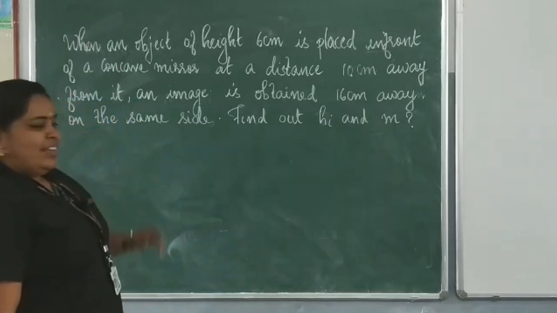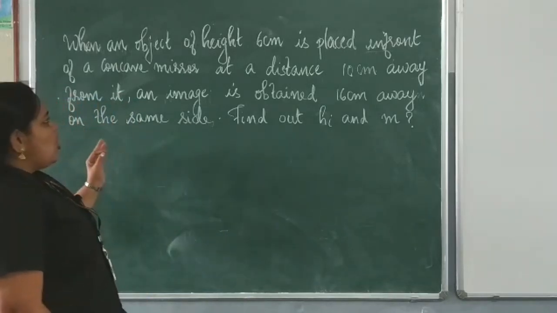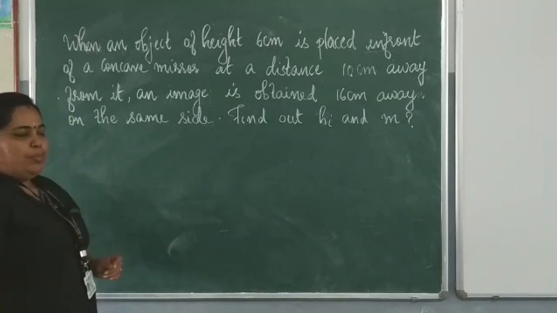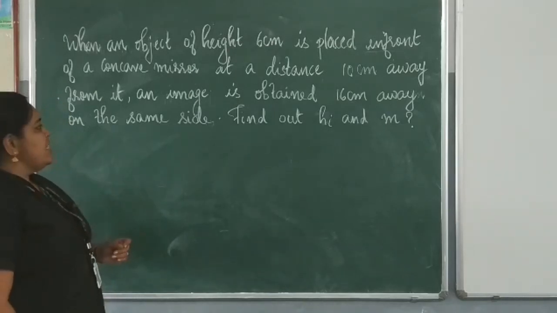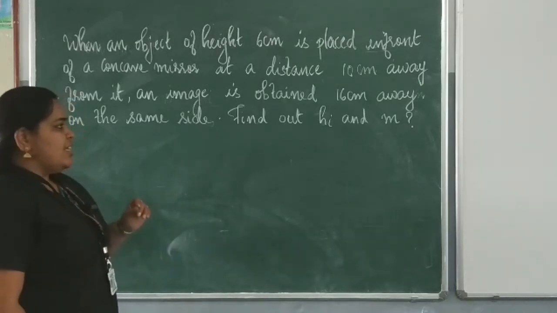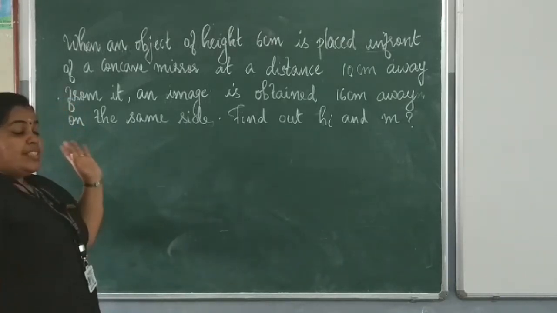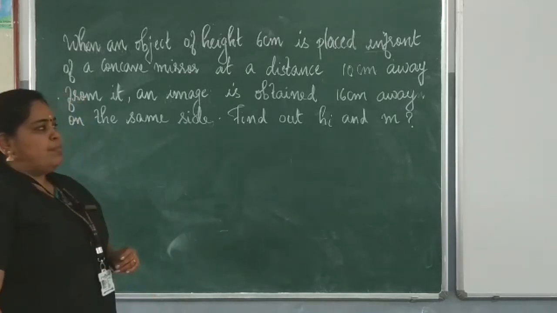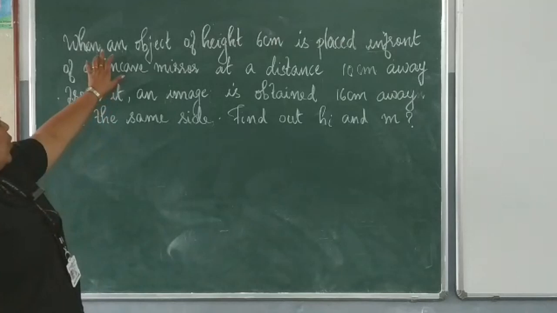Okay. Read this question. When an object of height 6 cm is placed in front of a concave mirror at a distance 10 cm away from it, an image is obtained 16 cm away on the same side. Find out the height of the image and magnification. So what all things are given?